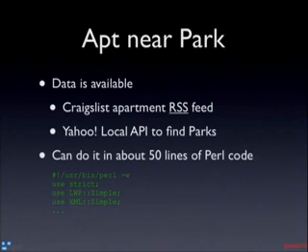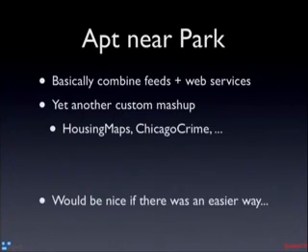But of course, again, being an engineer, I started thinking, how can I further generalize this? So my script was basically taking one data feed and mashing it up with two web services, the Yahoo Geocoder web service and the Yahoo Local web service. In other words, this was a mashup that I had to write. And as you know, mashups have been on the scene for the past several years.